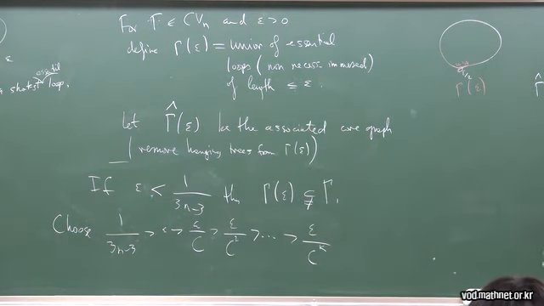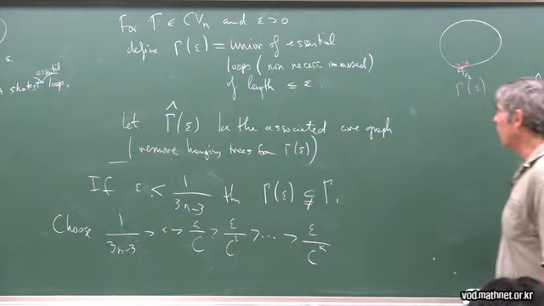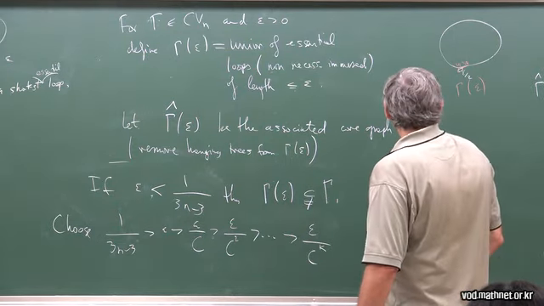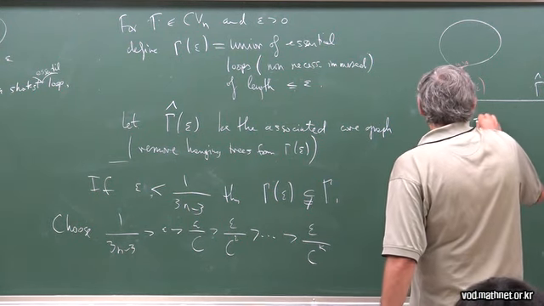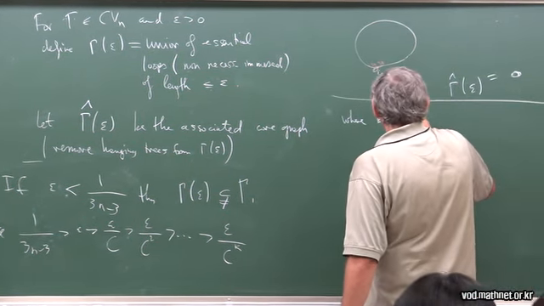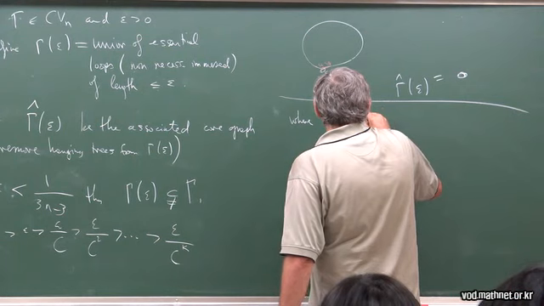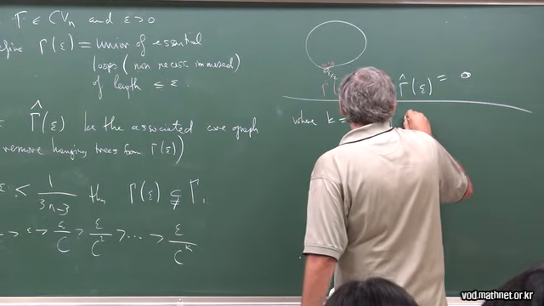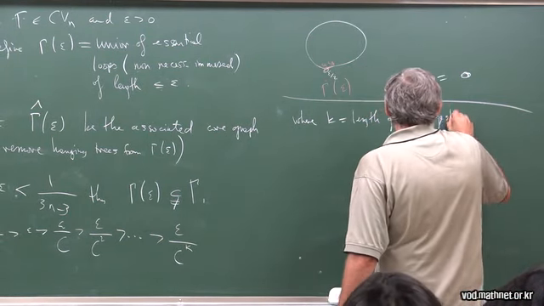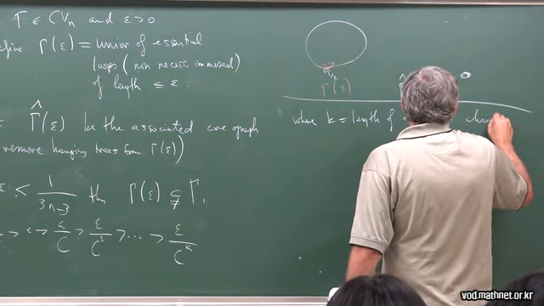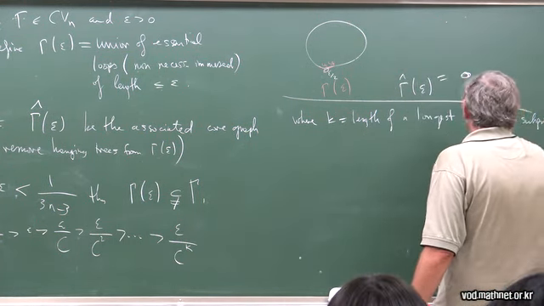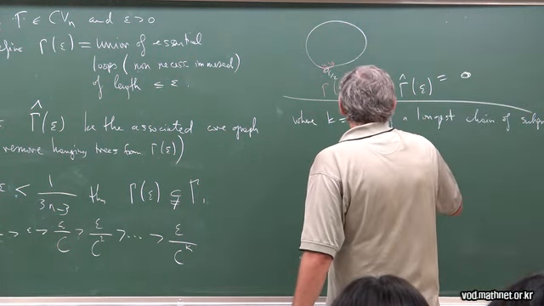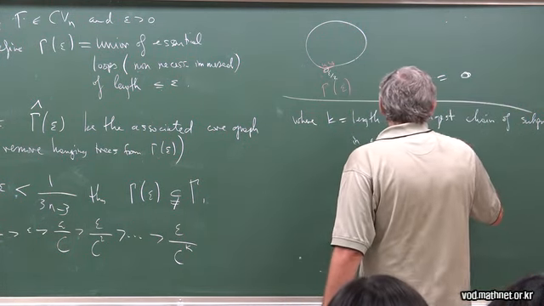So it's epsilon over c to the k, where k is the length of the longest chain of subgraphs in the rank n graph.